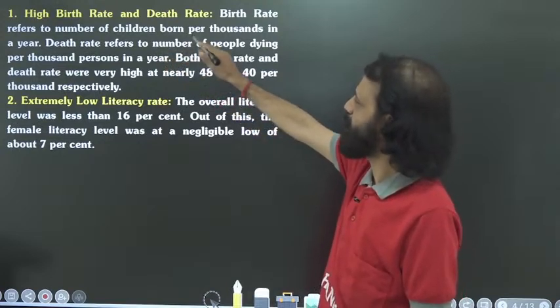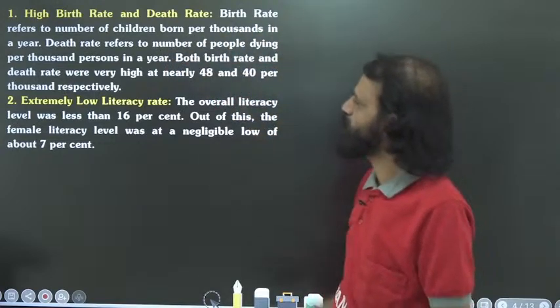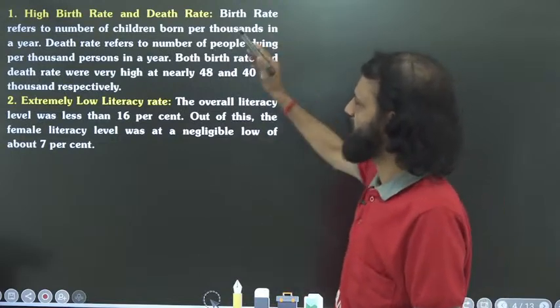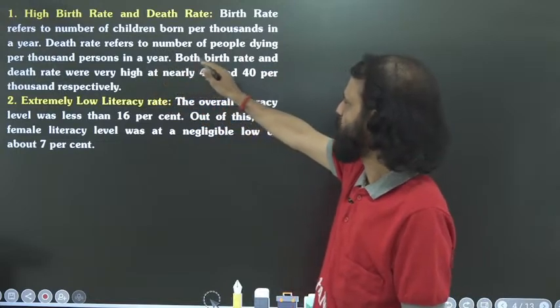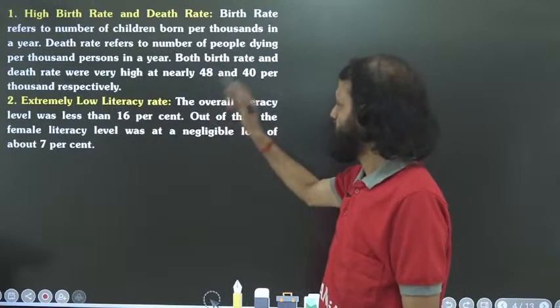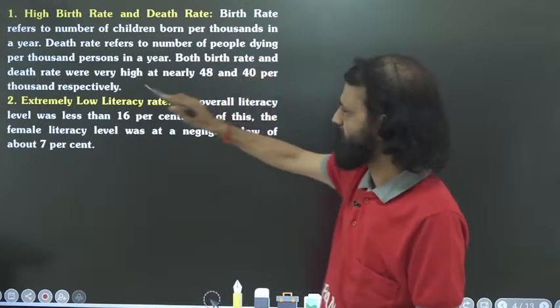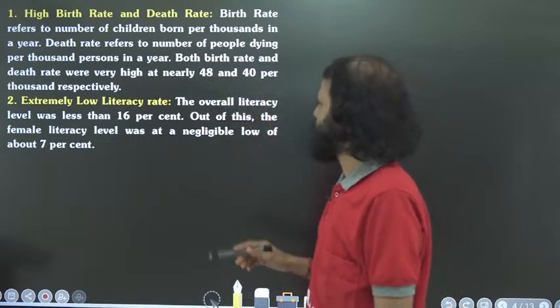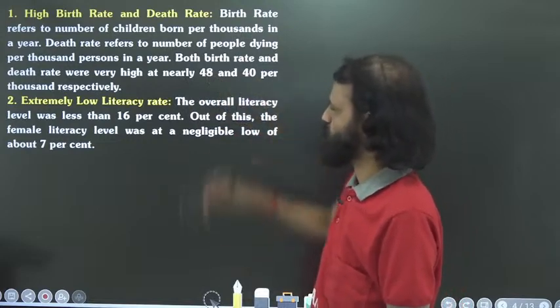High birth rate and death rate. Birth rate refers to the number of children born per thousand in a year. Death rate refers to the number of people dying per thousand persons in a year. Both were very high, at nearly 48 and 40 per thousand respectively.